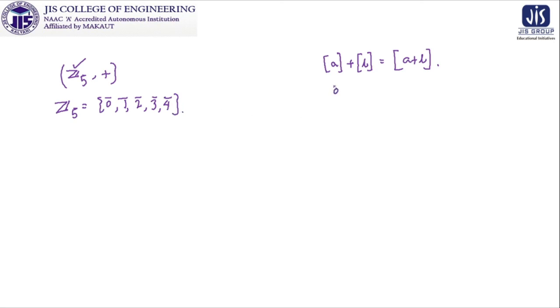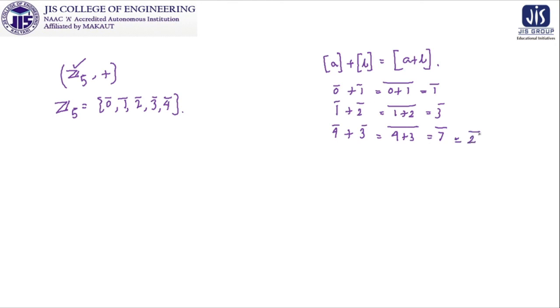So 0 bar plus 1 bar is 0 plus 1 bar, that means 1 bar. 1 bar plus 2 bar is 1 plus 2 bar, that is 3 bar. 4 bar plus 3 bar is 4 plus 3 bar, that is 7 bar, that is 2 bar, and so on. So you will see that this structure is closed.